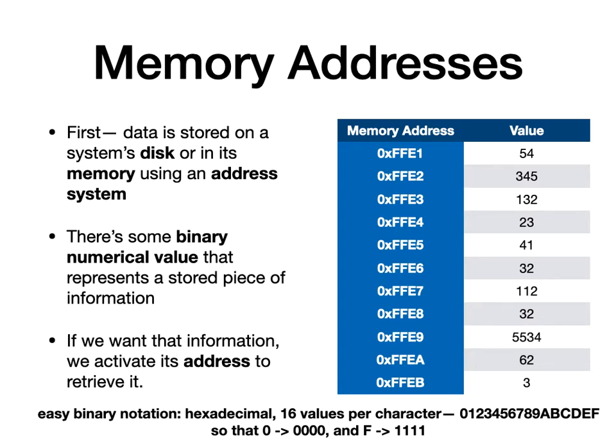So 16 possible values: 0, 1, 2, 3, 4, 5, 6, 7, 8, 9, A, B, C, D, E, F. So that if the number 0 is in one of these slots, that actually is 0, 0, 0, 0 in binary. And if it's F, that's 1, 1, 1, 1 in binary. Okay, so just so it's clear how the memory addresses are working.